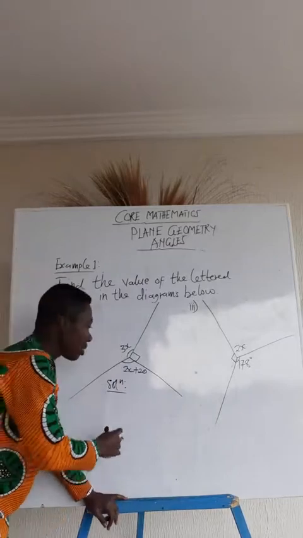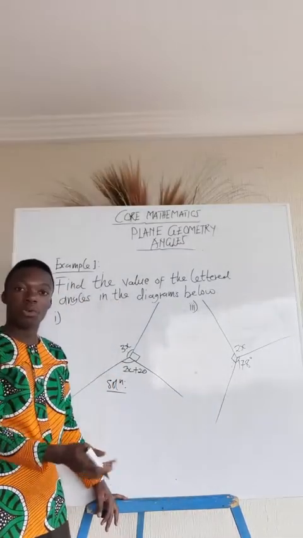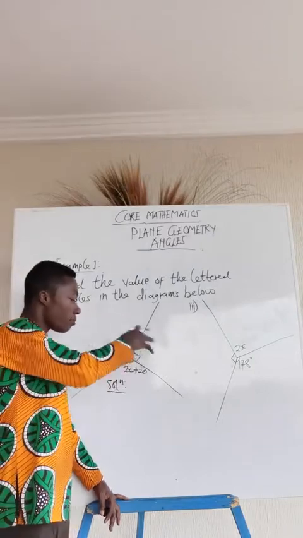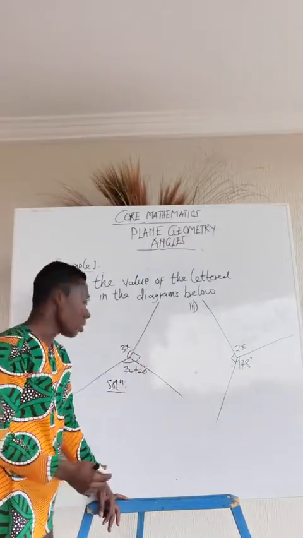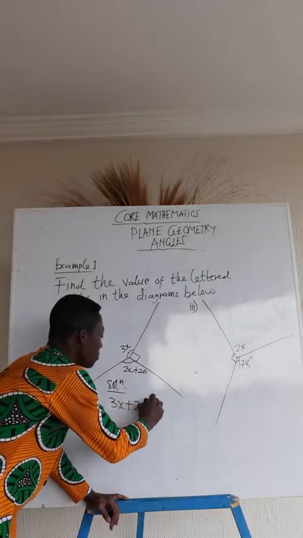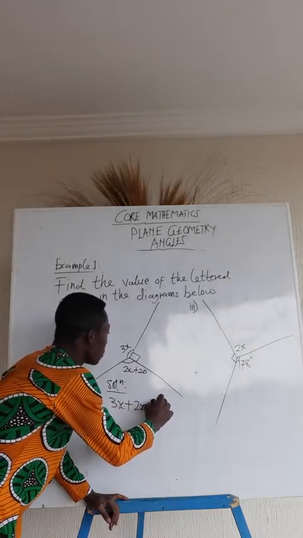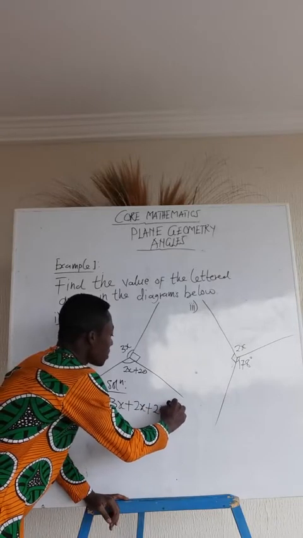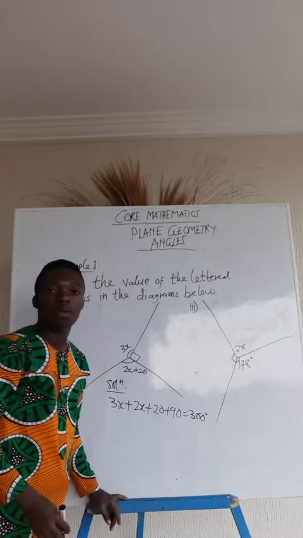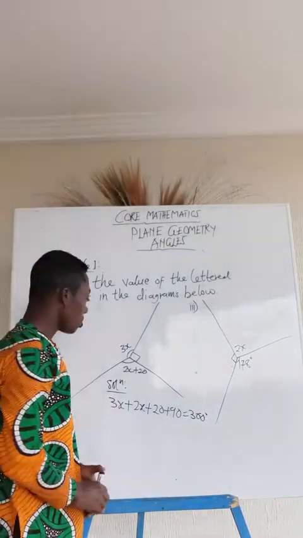I'm just summing them up and equating to 360, because angles at a point add up to 360 degrees. So there is 3x plus 2x plus 20 plus 90, equated to 360 degrees.